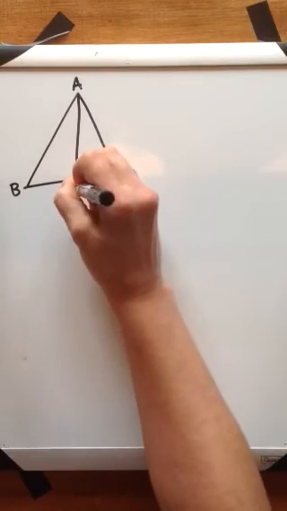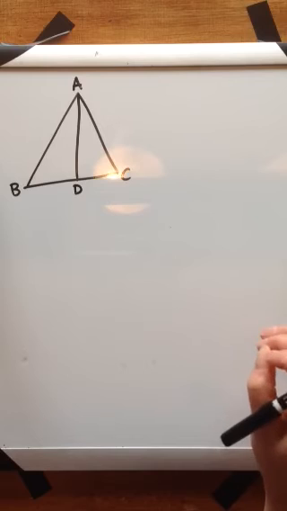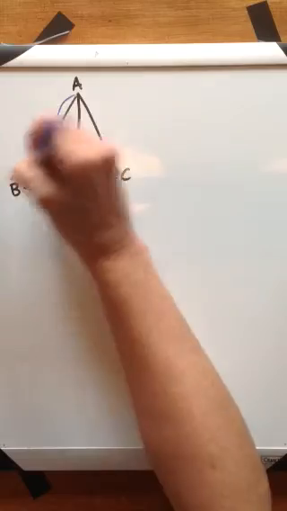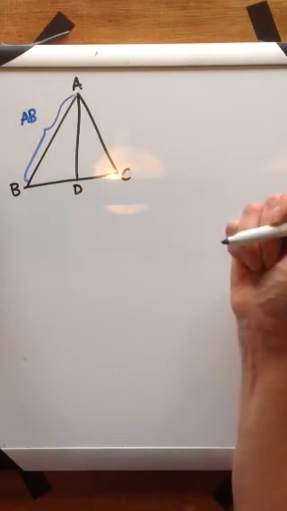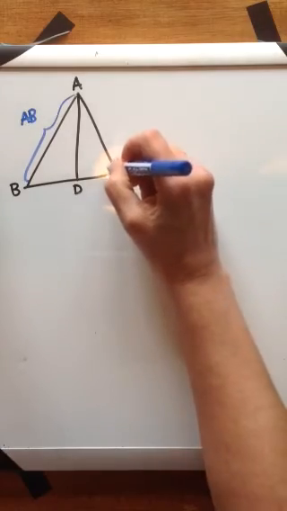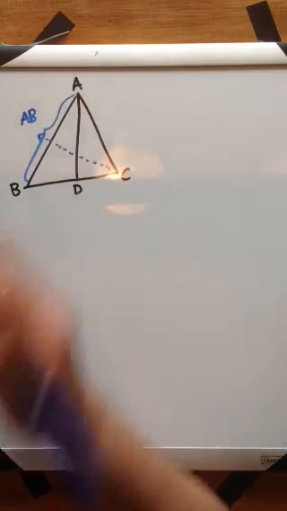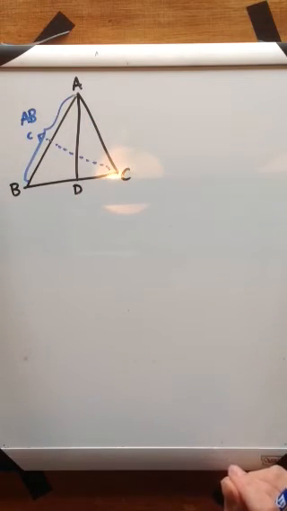Now, I also might be interested in this point at some point, and I'm going to call it D, something different. When I refer to the sides of a triangle, I could call this side a couple of different names. I could just simply call it AB because it connects vertices A and B, but I could also call it by the letter that is opposite its angle. I could call it little c, and we'll come back to that notation a little later in the unit.